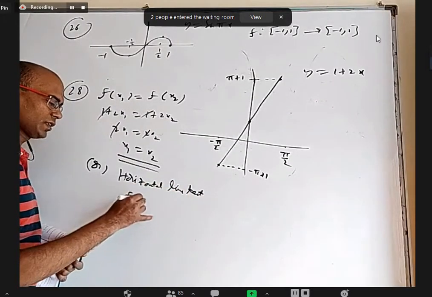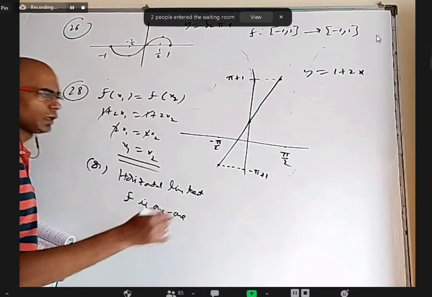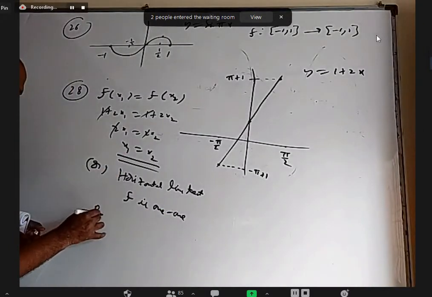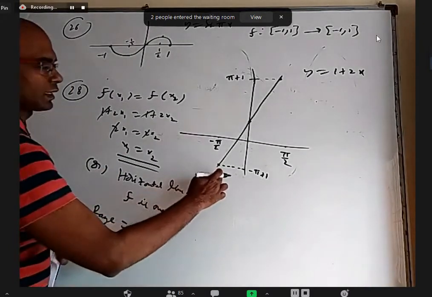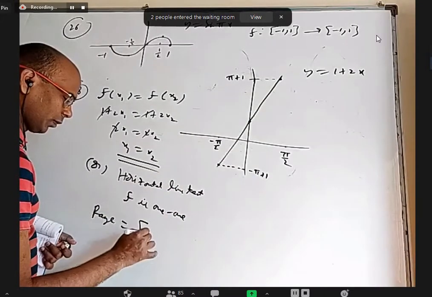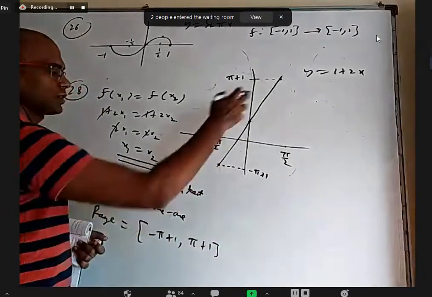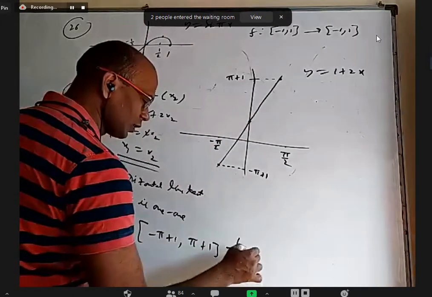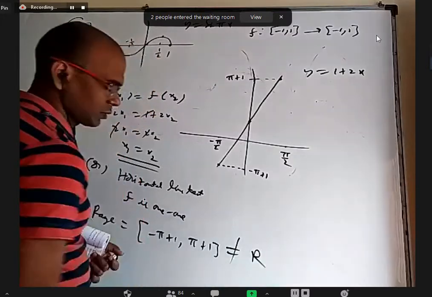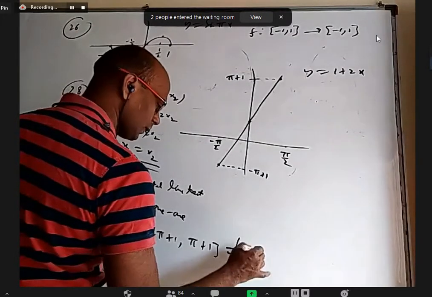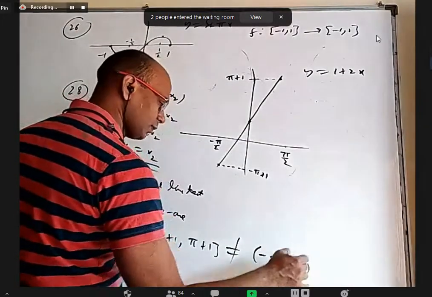Okay, f is one-one. It is not onto because our range is, you can easily see, minus pi plus 1 or 1 minus pi to pi plus 1. This is the minimum, this is the maximum. And that is not equal to all real numbers, or minus infinity to infinity. That is the codomain.